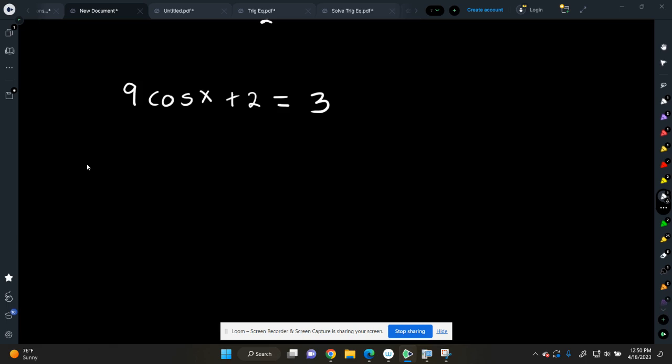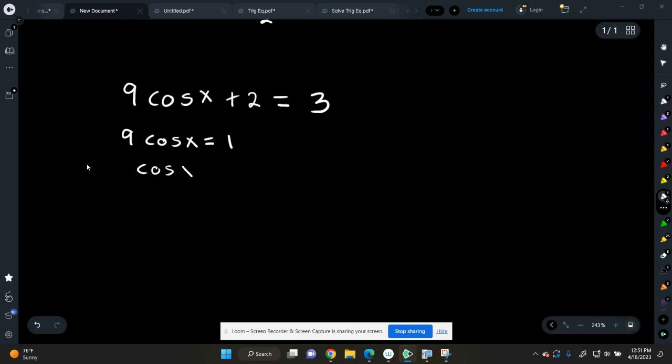What can we do? Okay, so 9 cosine x equals 1. Divide by 9. So x equals the inverse cosine of 1 over 9.